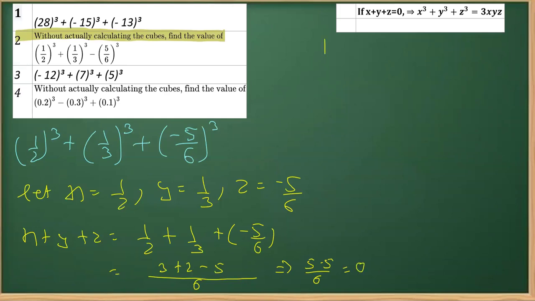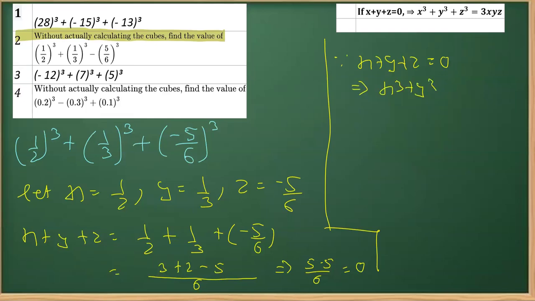Now, once you are done till here, you have to show that since x plus y plus z is equal to 0, it implies that x cube plus y cube plus z cube should be equal to 3xyz. So what is x here? X clearly is 1 by 2, y is 1 by 3, and z is minus 5 over 6, cubed.